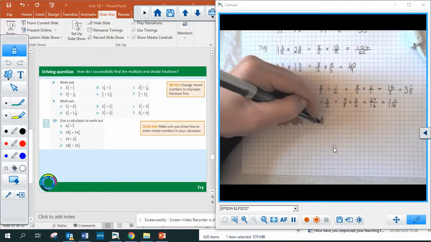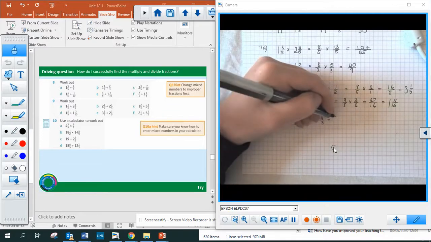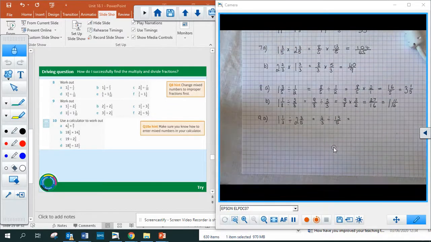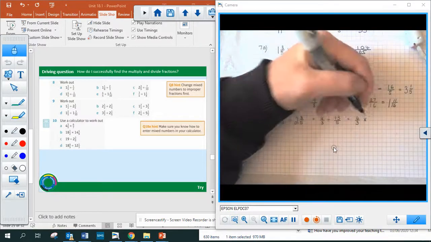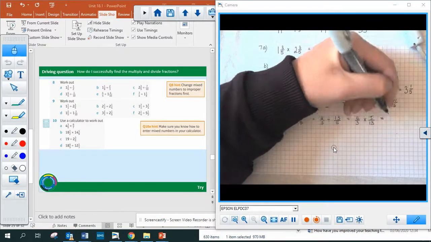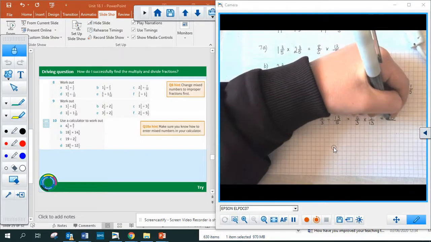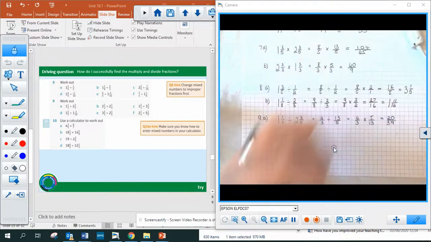So 4/3 divided by 2 times 5, which is 10, plus 3, which is 13/5. Now apply your rules. Keep your first fraction, change your sign, flip your last fraction. Now multiply. 4 times 5 is 20. 3 times 13 is 39.